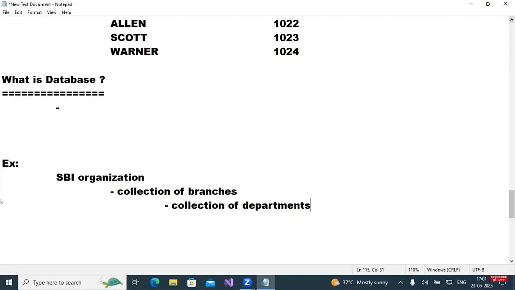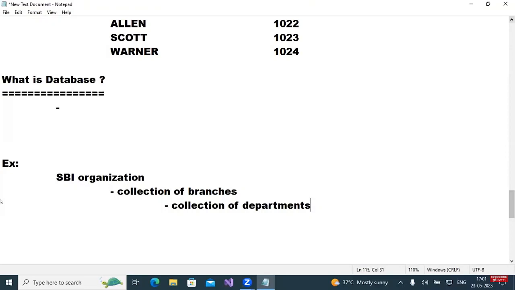Suppose you need to deposit your money. Where will you go? To the deposit person. Clerks are there, HR people are there, operational people are there, a manager is there, an assistant manager is there. These are all called what? Departments.